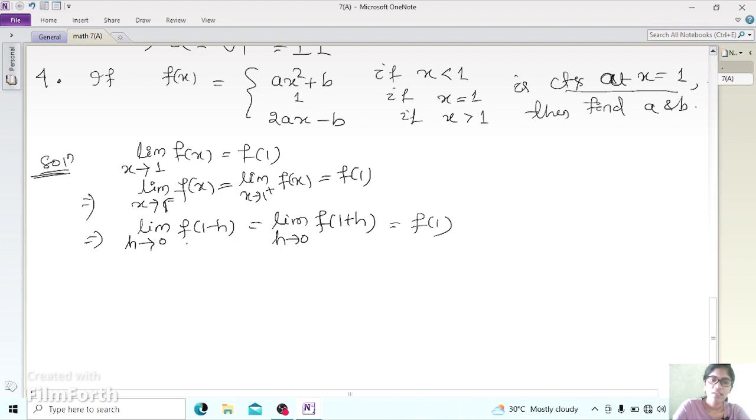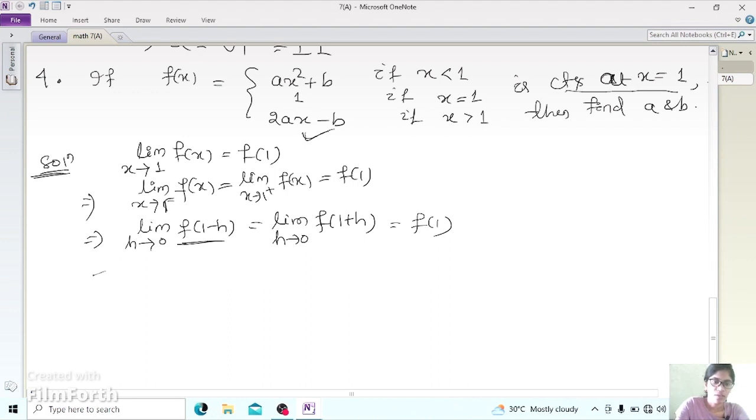For 1 minus h, that means less than 1, the function value is ax square plus b. For the right hand limit, greater than 1, the function value is 2ax minus b.